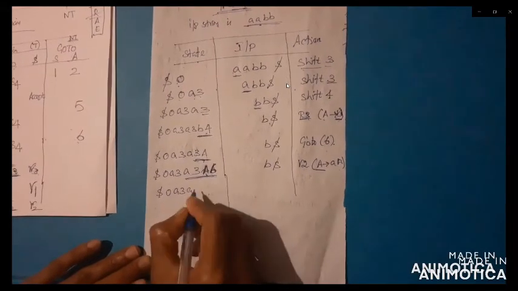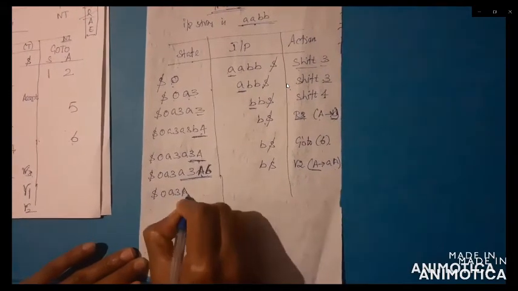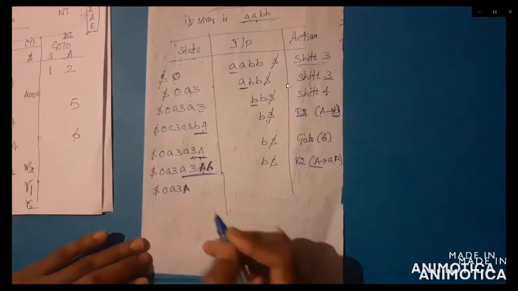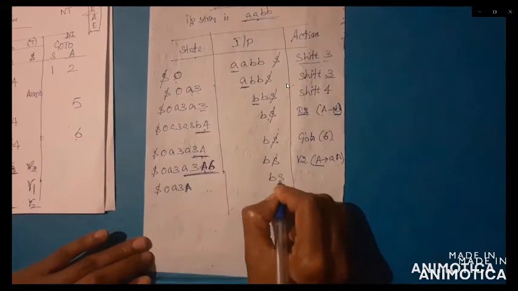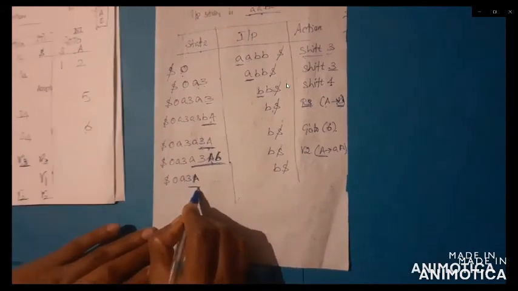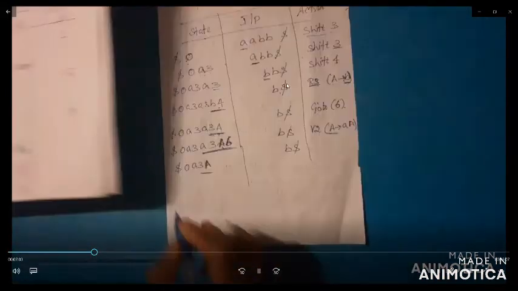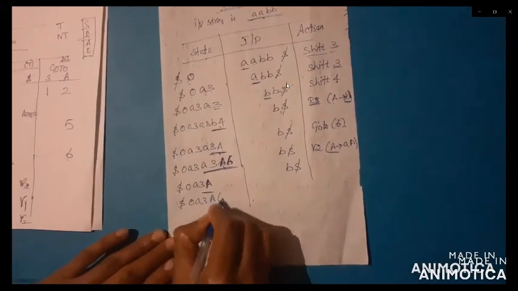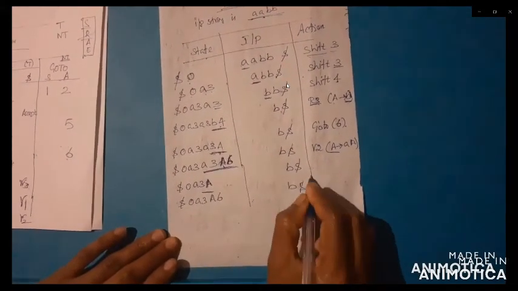Here you can change for capital A. So here B $. Now you can check 3A. What is 3A? 3A can be 6. So $0A 3A 6B $.